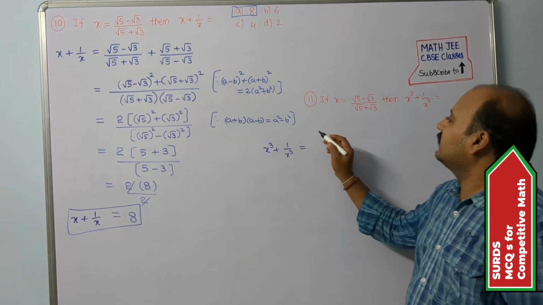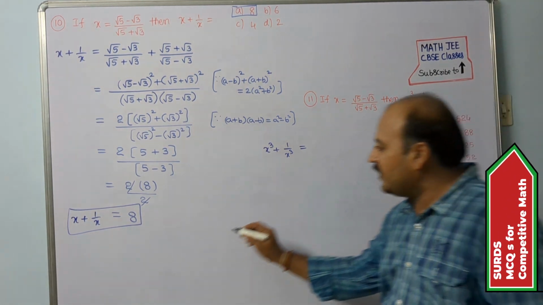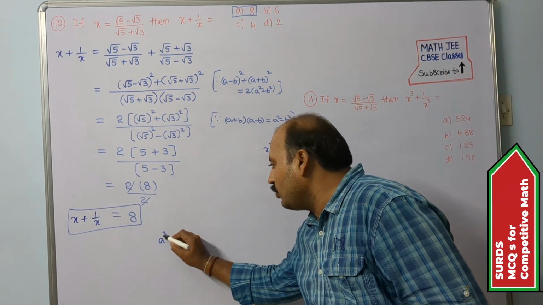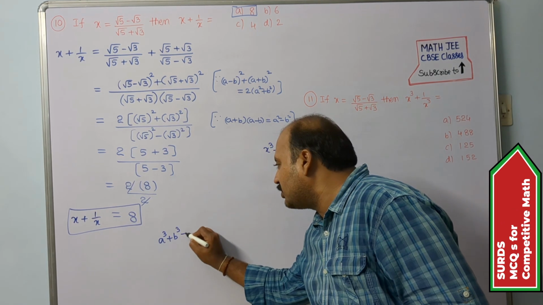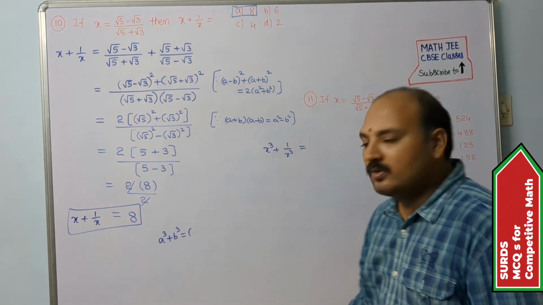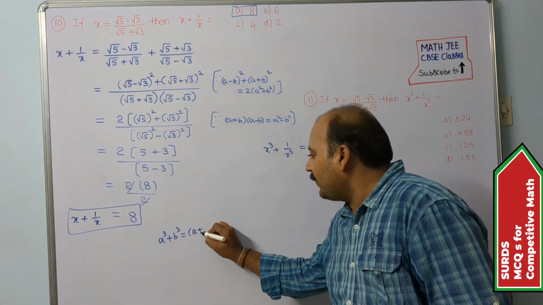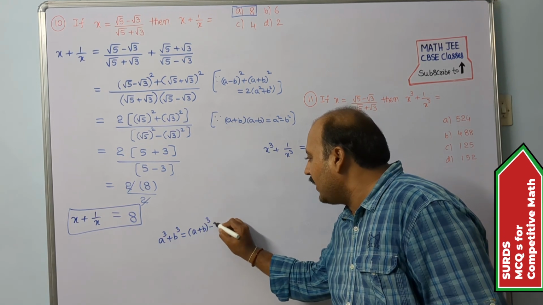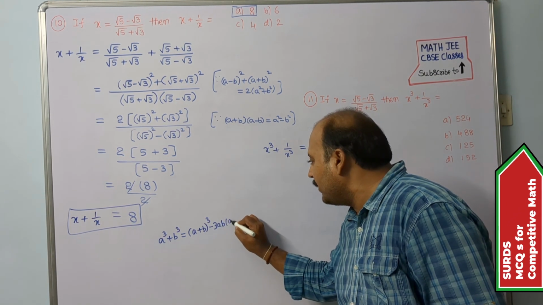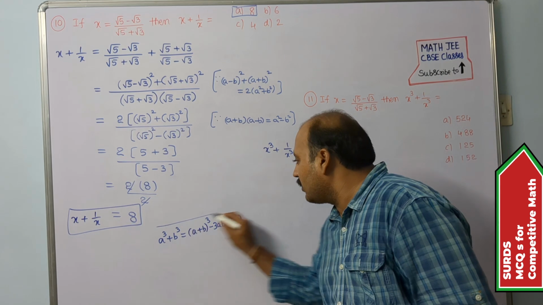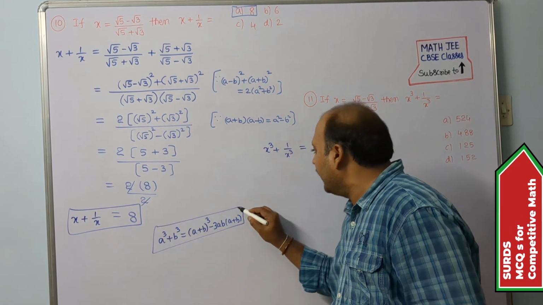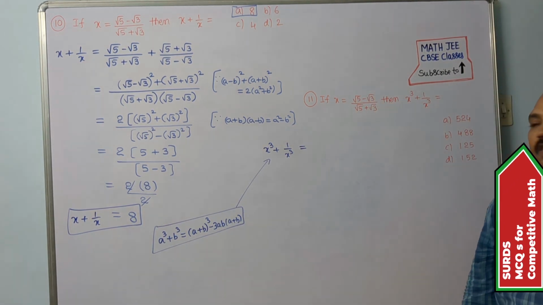We know the formula for a cube plus b cube: a cube plus b cube is equal to (a plus b) whole cube minus 3ab into (a plus b). This formula we are going to apply for this.